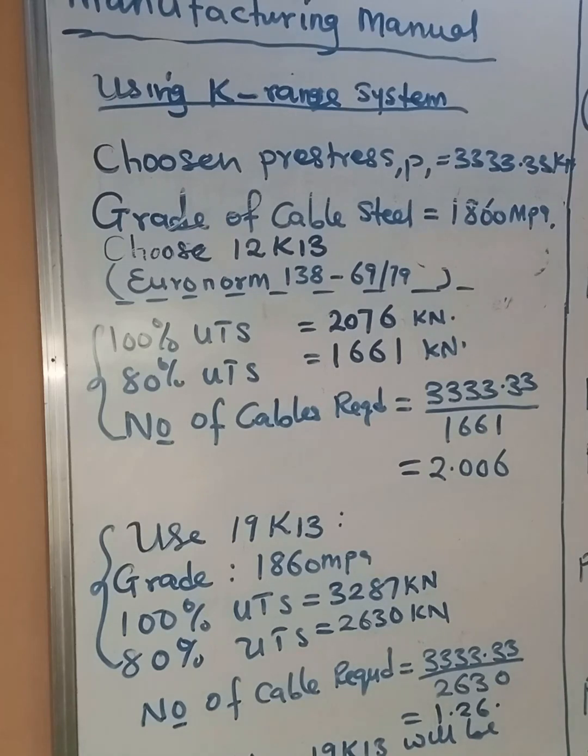So we are going to look at the K-range system of the Freyssinet pre-stress manufacturing company. Under that, if we're picking a cable from a steel grade of 1,800 megapascal, that is the steel grade of the pre-stressing cable we are going to choose from.